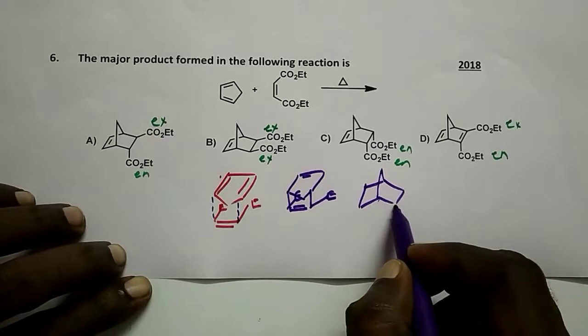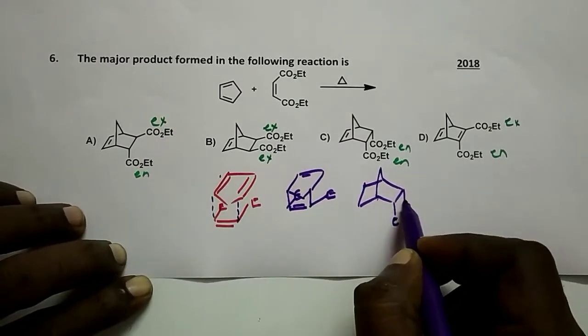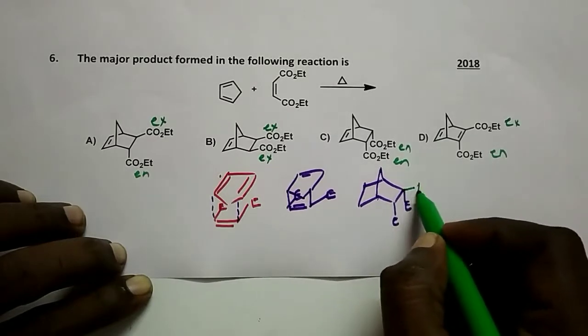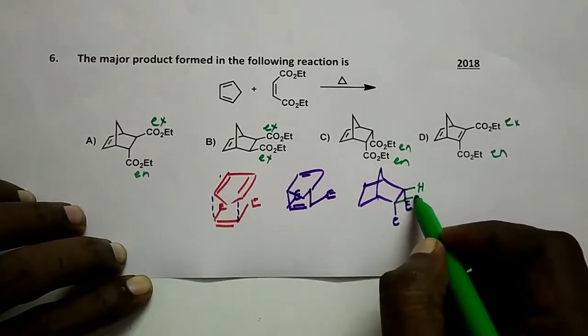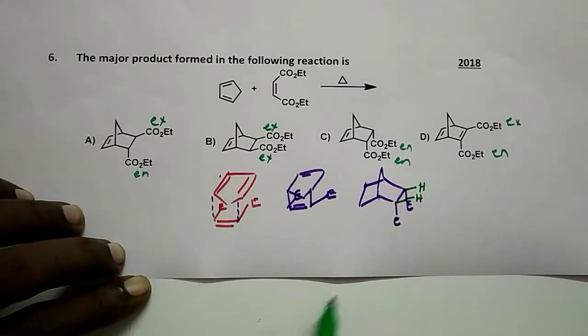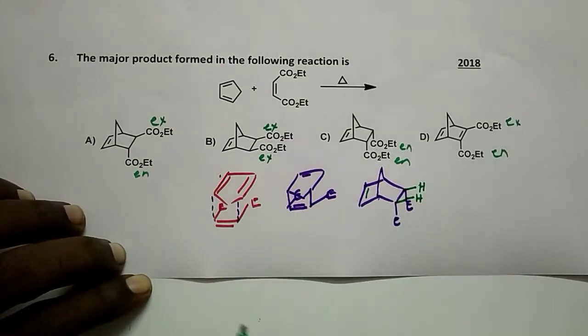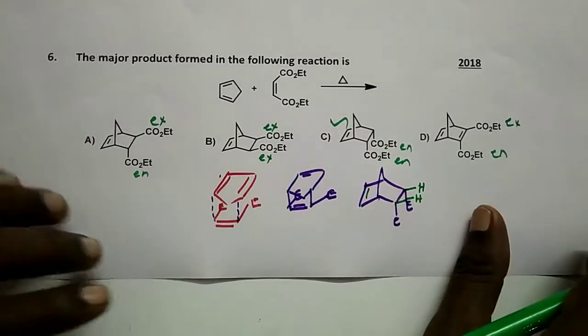These two are endo products, and the hydrogens are exo. Endo product. So which is endo here? The product is this way. Which is endo here? C is endo. C is the answer.